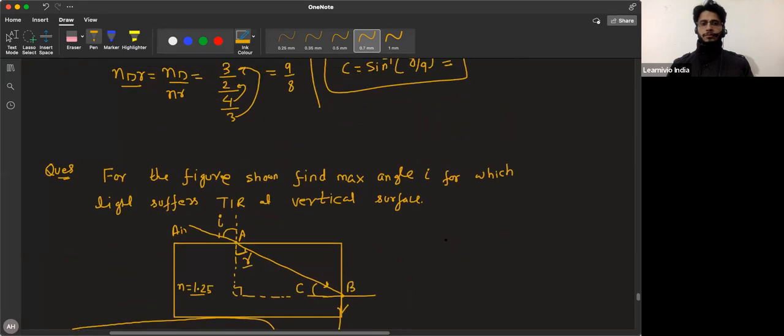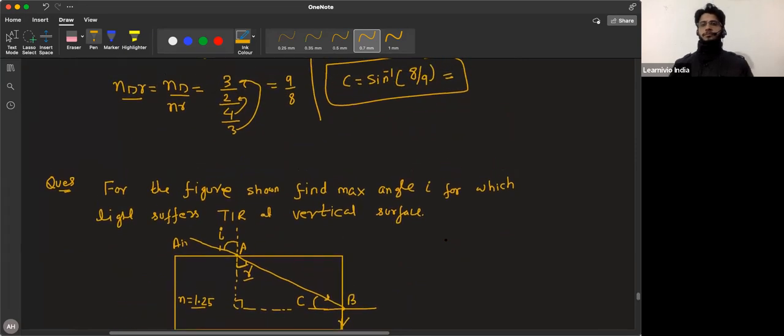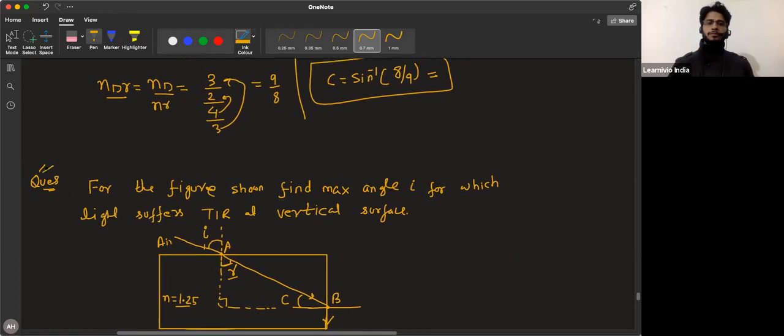Write down this question. It's a bit lengthy, but write it. I'm sharing 3 to 4 questions based on TIR by tomorrow evening. So do the assignment and submit it by Thursday.